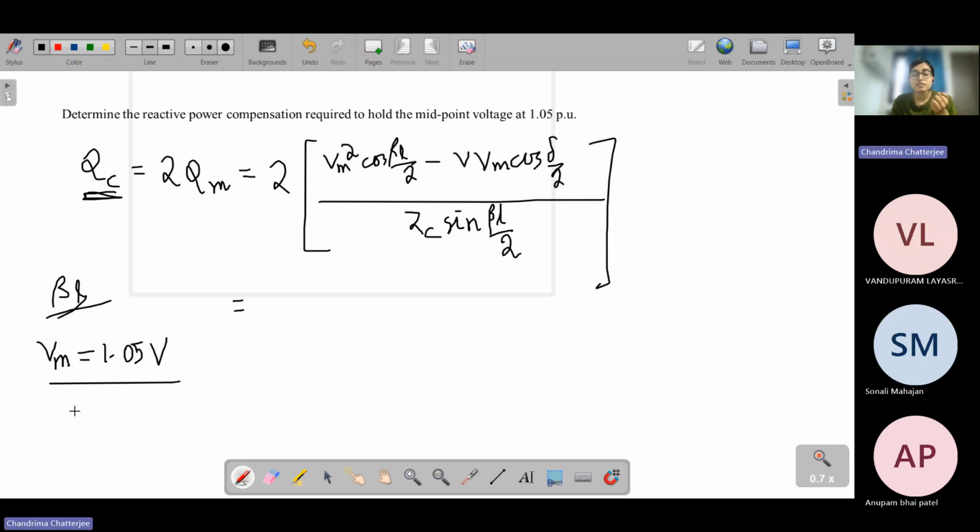And delta will be in the expression only, so delta we don't need to know. Delta is not required, and Zc also you know. So just substitute the values and then tell me what is the answer.